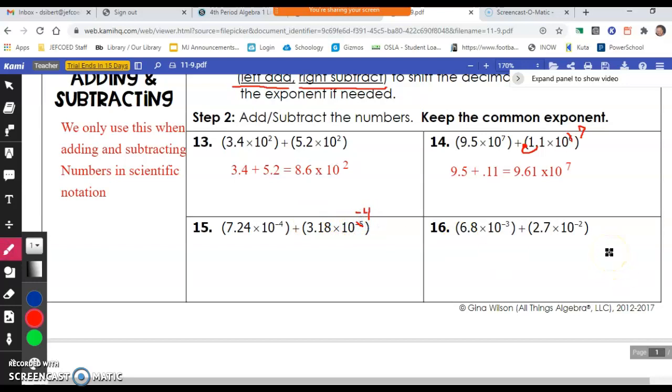So here we want it to be a -4. And how many did we have to add to it to get it to -4? Just 1. So we'll move our decimal place 1 place. Remember, if we add, go to the left.